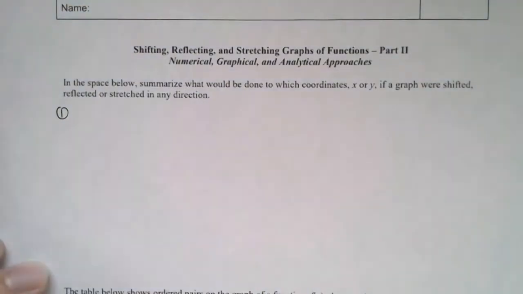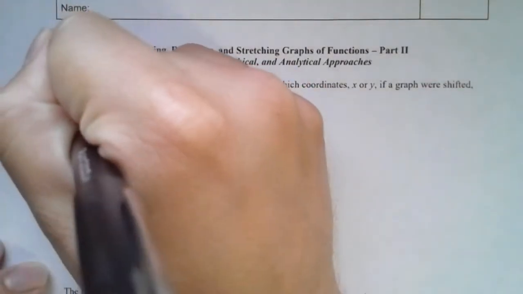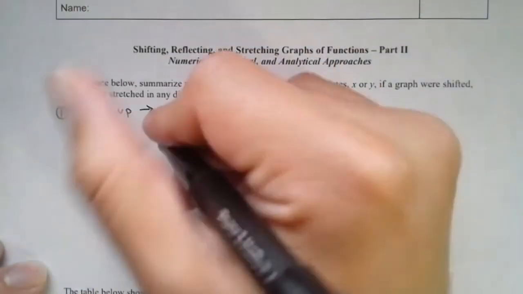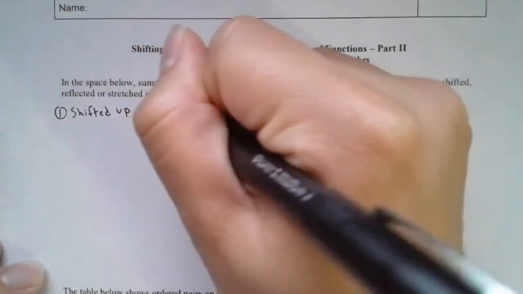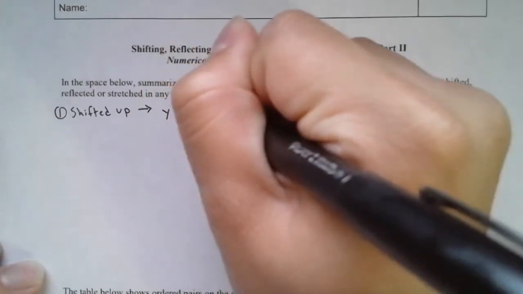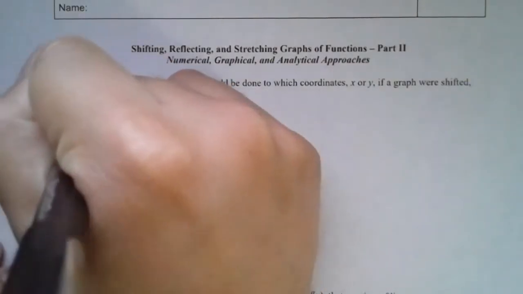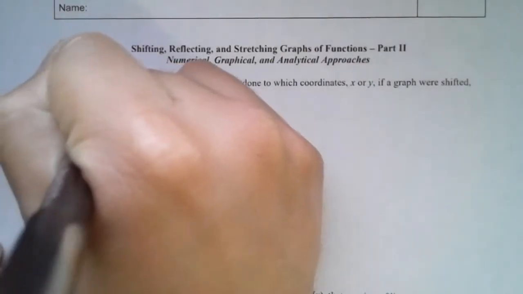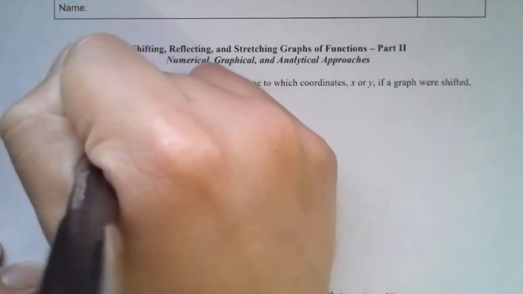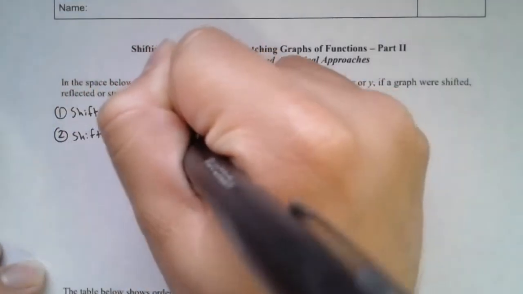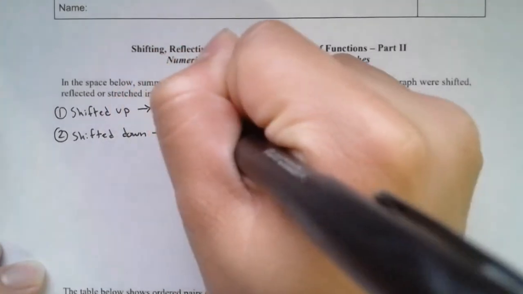So if you shift it up, that means your y is added to. If you shift it down, your y is subtracted from.